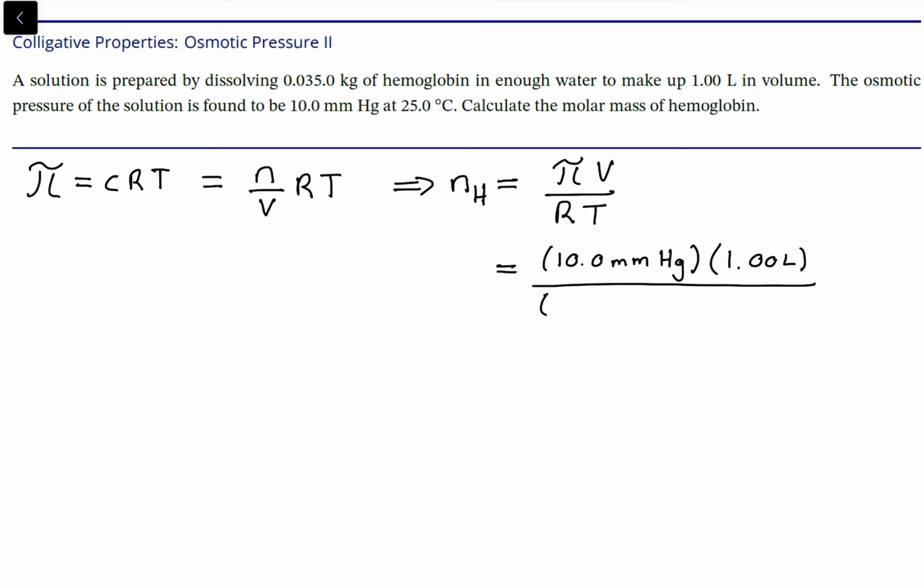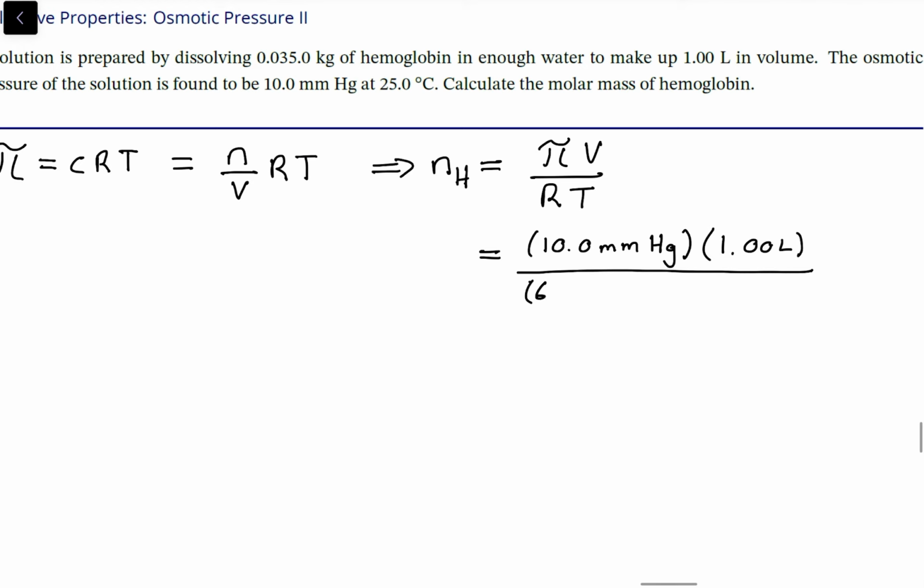And we divide that by R, so we need an R that has units of millimeter mercury and liter. If we check our tables, we see 62.36359 liter millimeter mercury per Kelvin per mole.